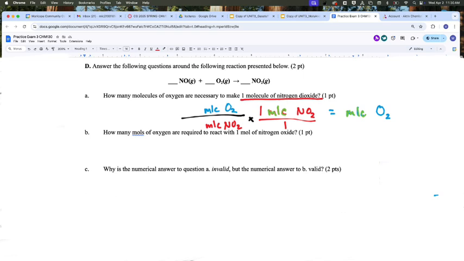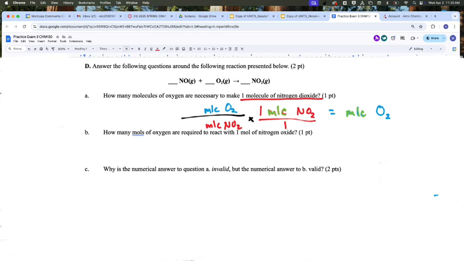Since you're a little bit hesitant or nervous about that, let's just say, I don't know what that conversion factor is. And if we don't know, what should we do on the exam? Move on. So go to the next part of the question.